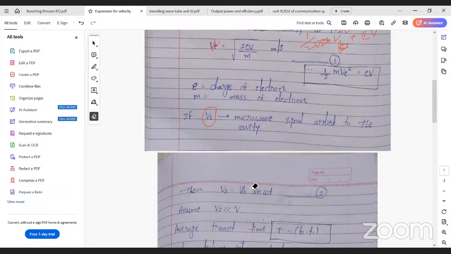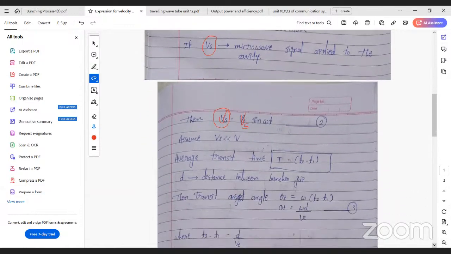Left side is small and right side is capital. Small vs equals capital Vs sine omega t. Just make a small correction: capital V equals small Vs sine omega t, where small Vs is lesser than capital V.